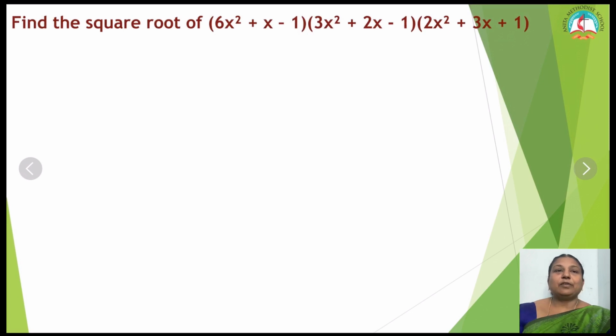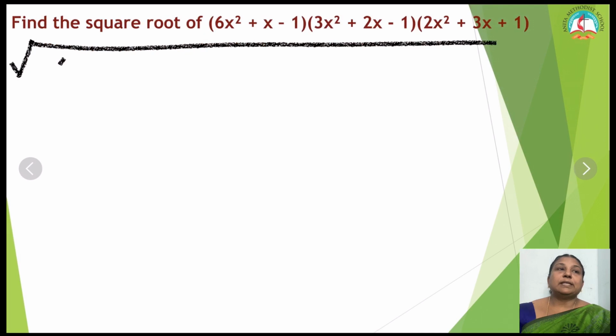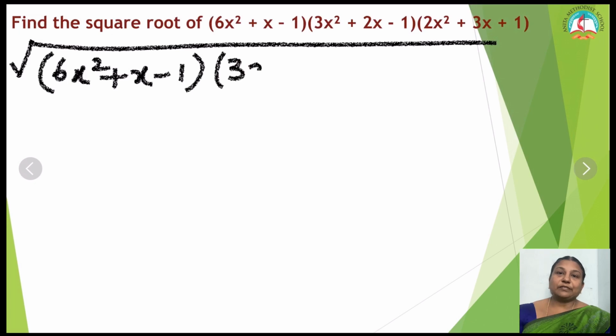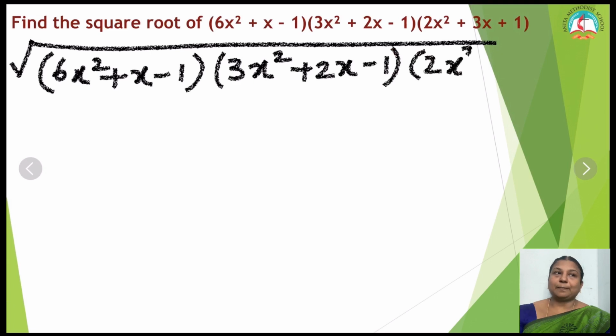Now I am going to take the first one. First we have to write it inside the square root. See the first expression: I have to take the coefficient of x squared. What is the coefficient of x squared? Yes, it is 6. 6 I have to multiply with minus 1. So then what will I get?